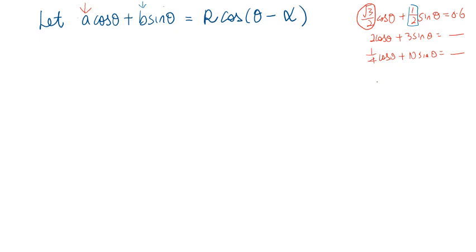And we know that regardless of whatever values we have for A and B, we can express it using the addition formulae. So we're going to let it equal r cos bracket theta minus alpha. And we need to find the formula to find the values of r and also alpha.